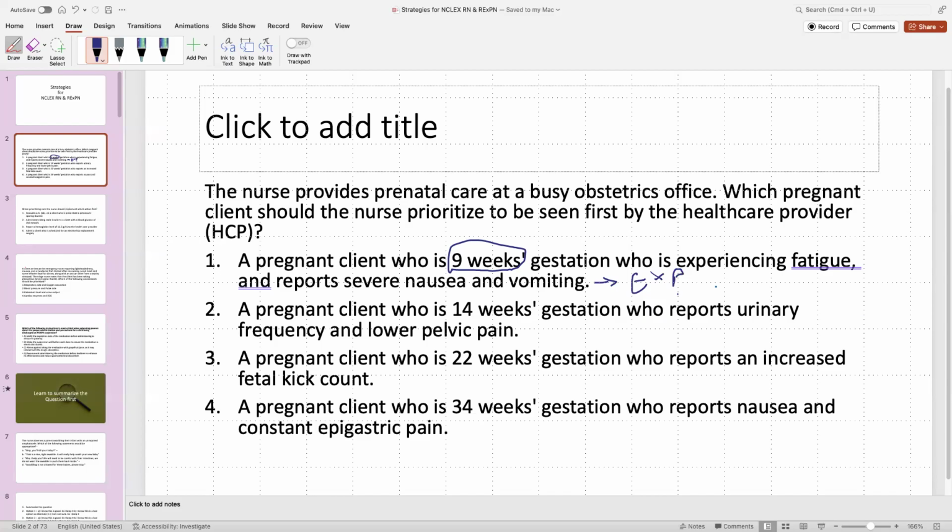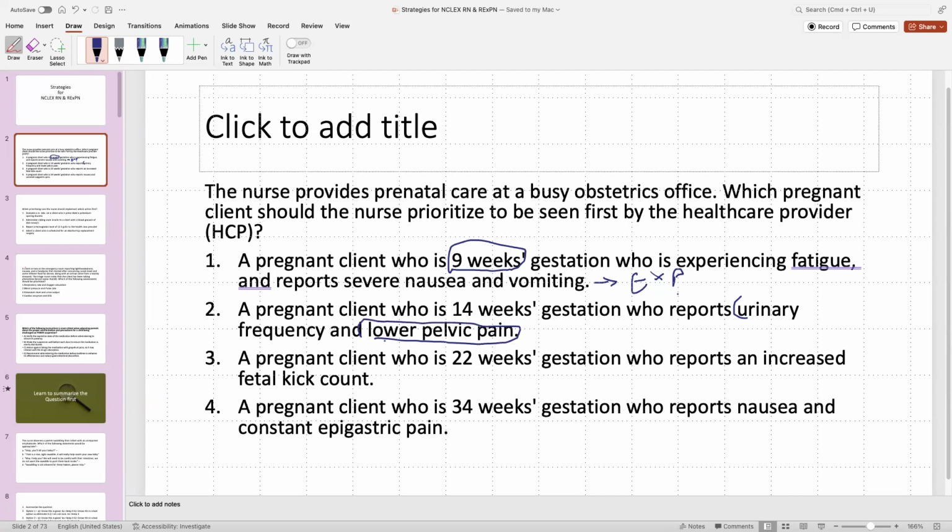A pregnant client who is 14 weeks gestation who reports urinary frequency and lower pelvic pain. Okay, now 14 weeks means it's now 3.5 months, right? Yes. So now ask yourself, patient is reporting urinary frequency and lower pelvic pain.